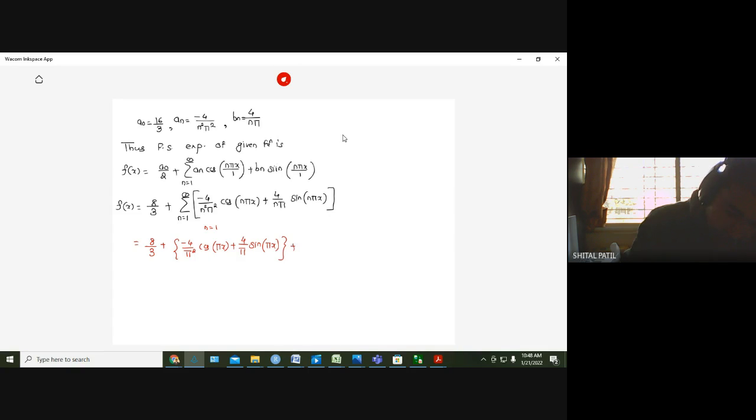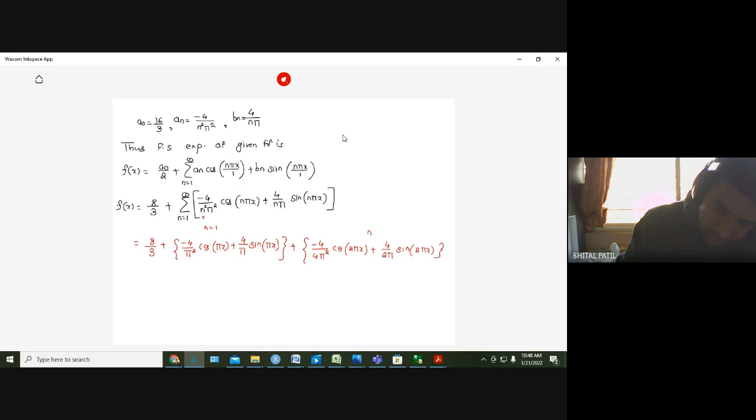When n equals 2, minus 4 divided by n square, so n is 2 square, so 4 pi square, cos of 2 pi x plus 4 divided by 2 pi sine of 2 pi x.